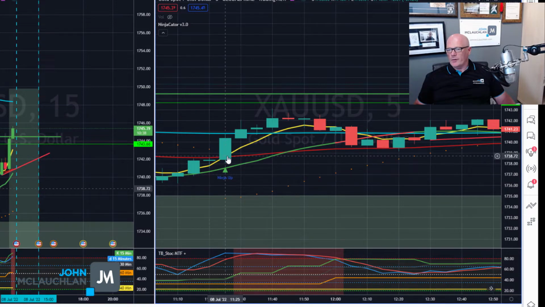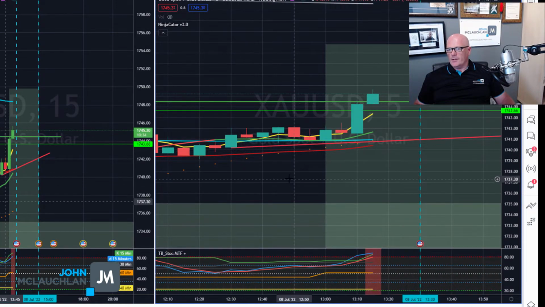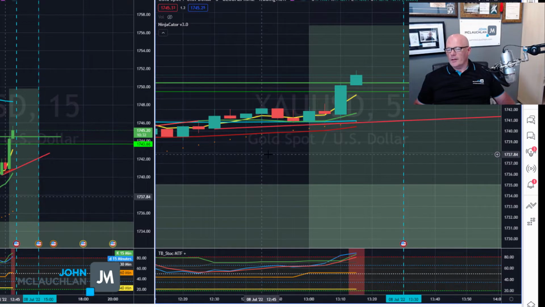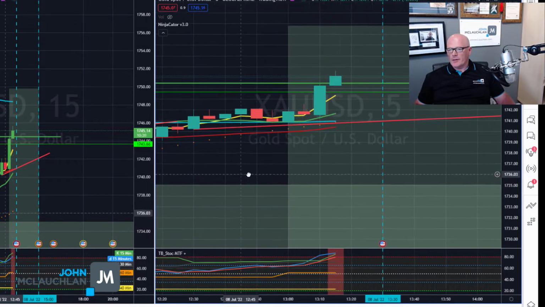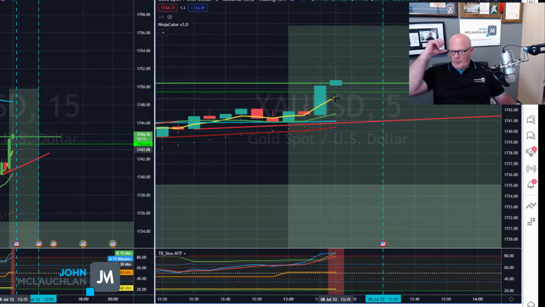We've got a ninja up here. So potentially ninja up alerts. The conditions have been actioned. We've got the 13 moving average, and that changes colour as part of the ninjacator. That's green. Okay, we've got the yellow moving average, which is the 5 moving average. That's underneath.